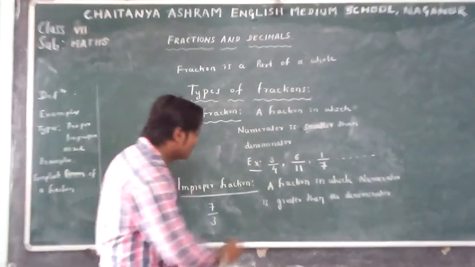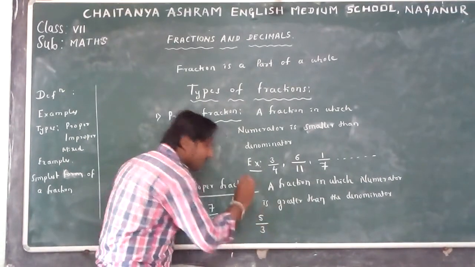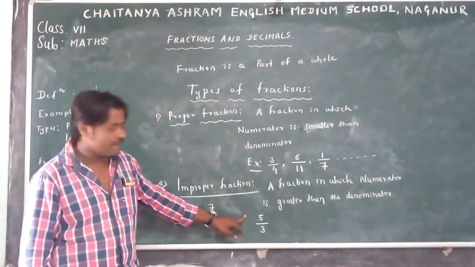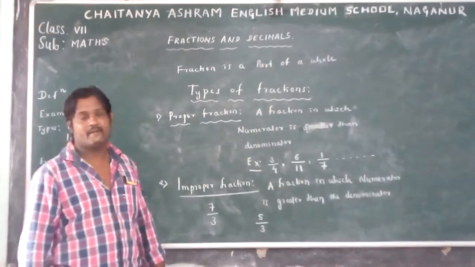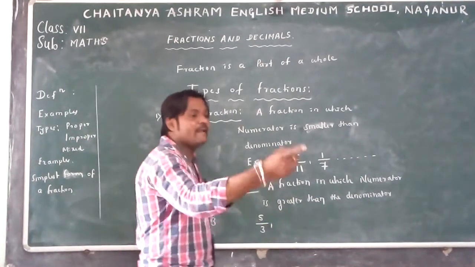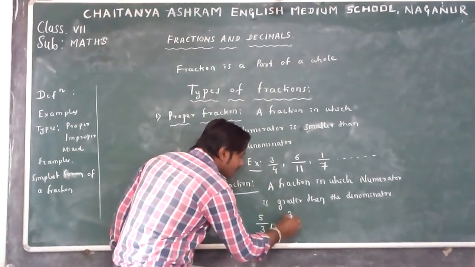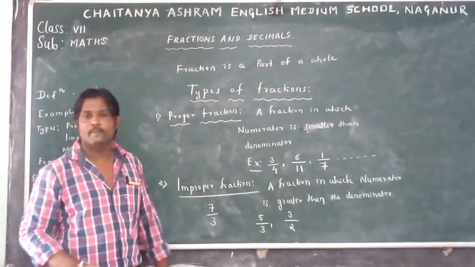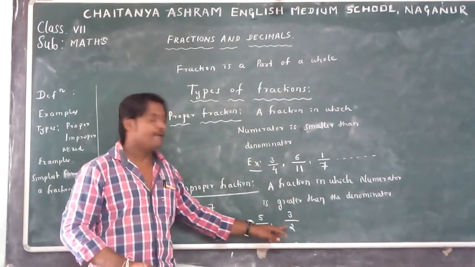Yes, very good. He said 5 by 3. This is an example for improper fraction because numerator is greater than denominator. And is there any? Okay, 3 by 2. In this fraction also, numerator is greater than denominator.